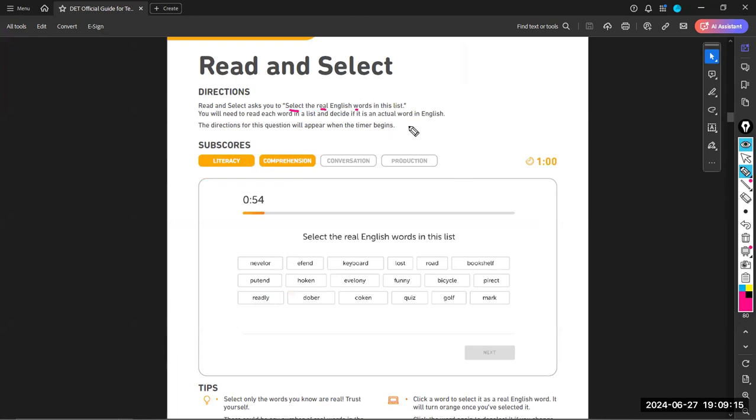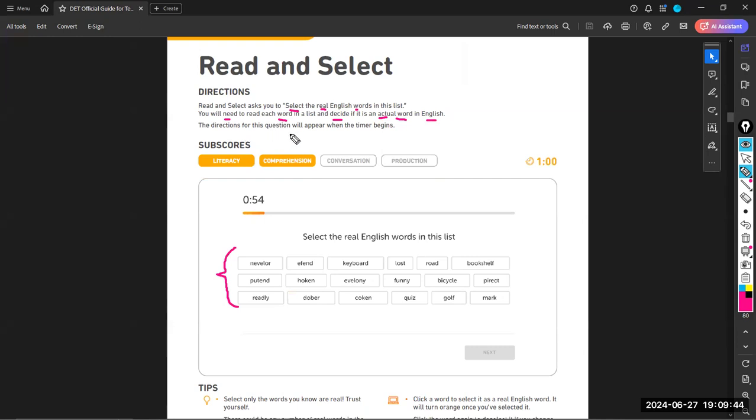So you have to select the correct words, the words that exist in the English language. You will need to read each word in the list and decide if it is an actual real word in English or maybe not.